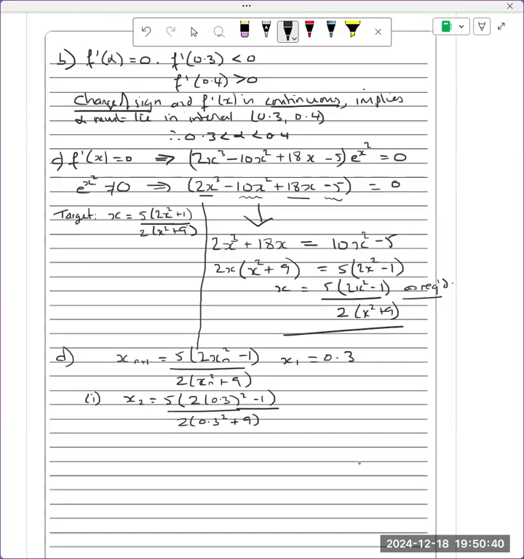Now, in reality, you're not going to do that, are you? You're going to type on your calculator 0.3 equals to get it into the answer memory. And then you're going to type in 5 brackets 2 answer squared minus 1 over 2 answer squared plus 9, and then you're just going to keep pressing the equals button.